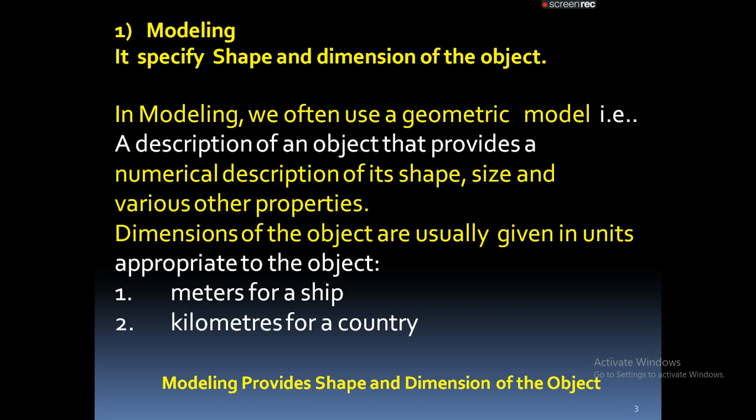So when we are performing modeling in computer graphics, modeling can be specified using a geometric model. Means in computer graphics, we are using a geometric model to specify what is the position of the object in the real world.